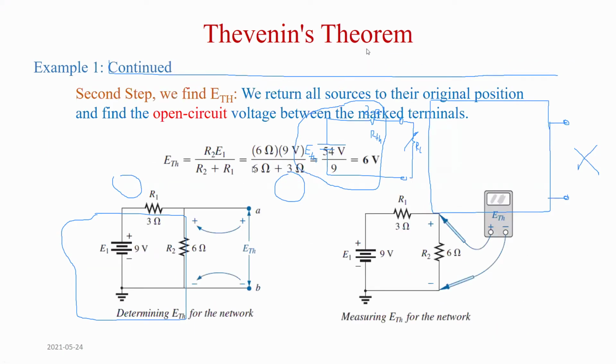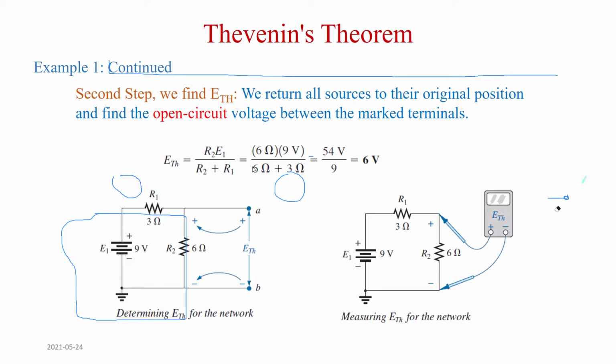Here is what we have. So I'm gonna leave the circuit open and try to find the voltage. Now this is the open circuit, okay, between these 2 points. This is E Thevenin here.